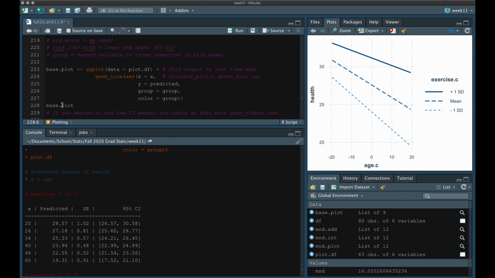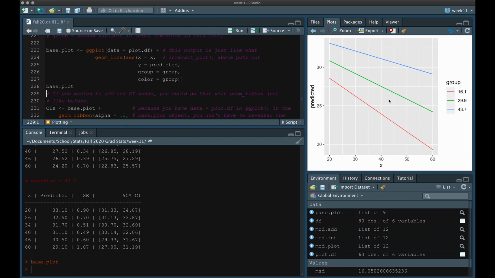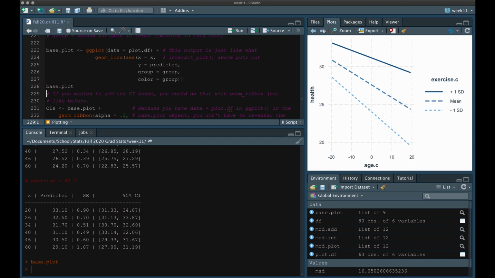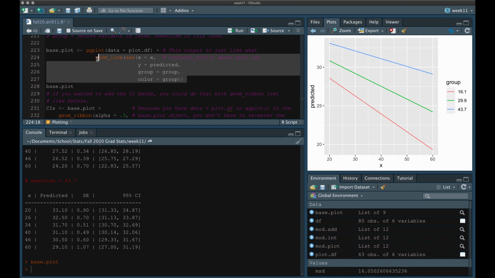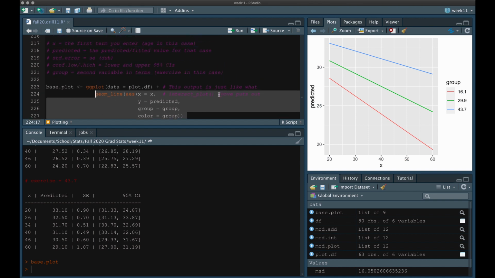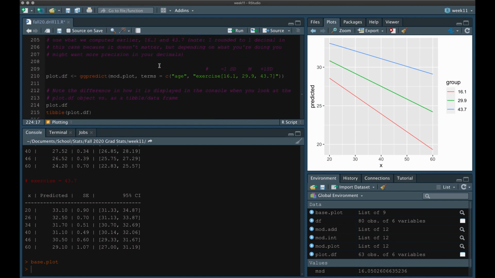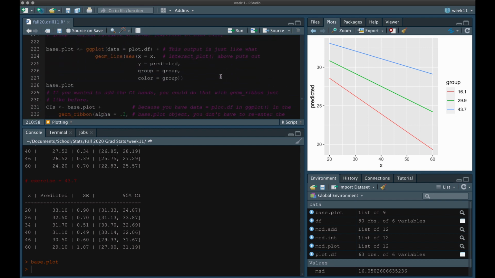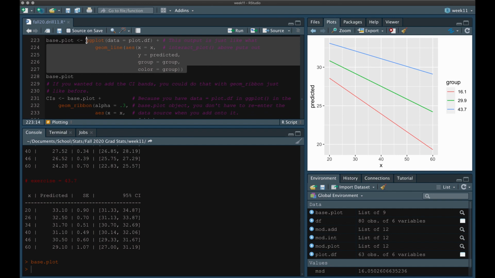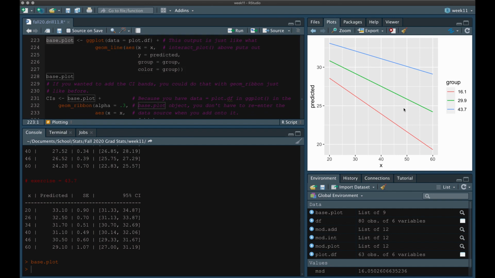I'm just going to store that as an object called base plot, and when we run base plot, we can see that that's the same. This is the plot that interact plot makes. At its most basic level, this one geom line argument after using ggpredict to get those predictions for those three levels, this one line here is what will give you that same plot that interact plot will.